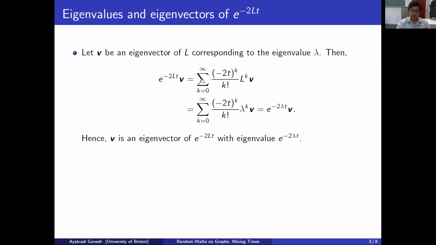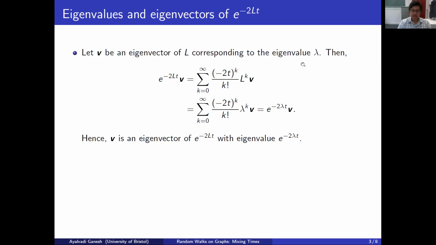I can switch the order, multiplying each of those matrices by v and adding them all up. That needs a bit of justification, which I'm skipping, but it's true.